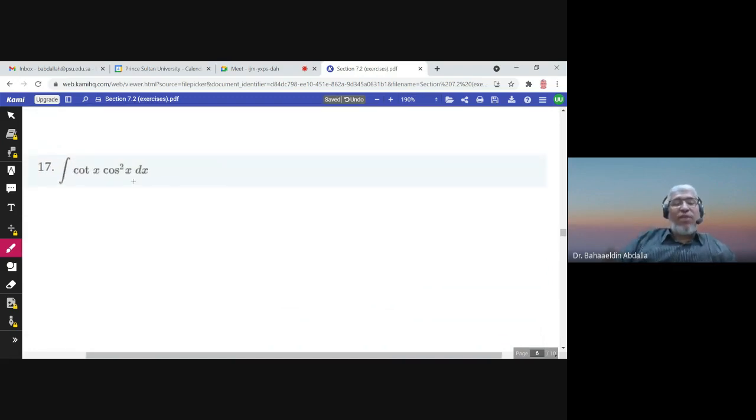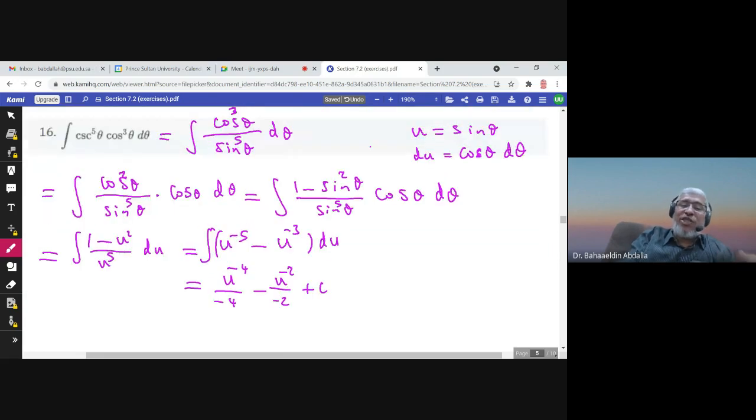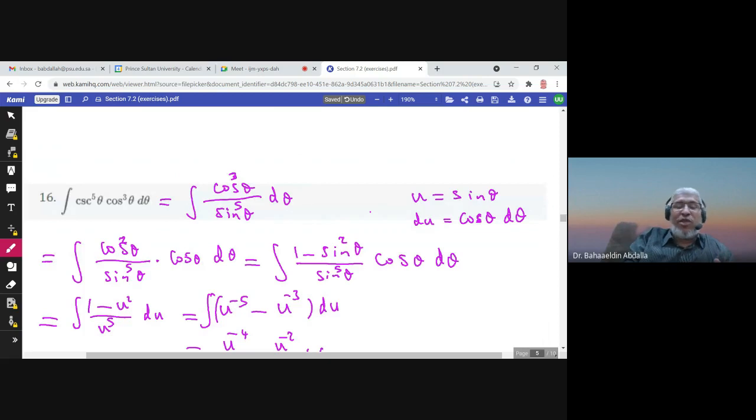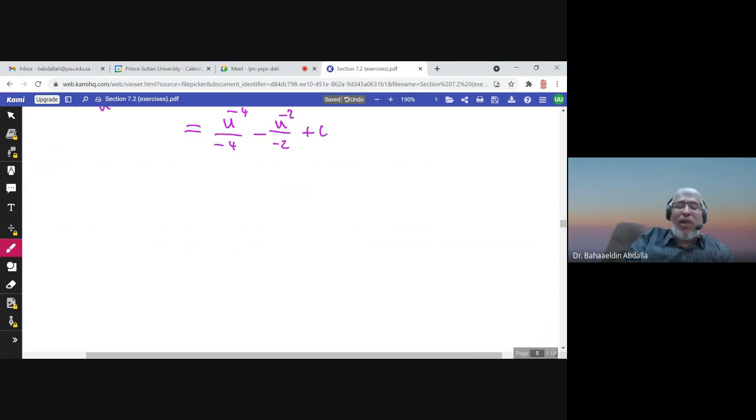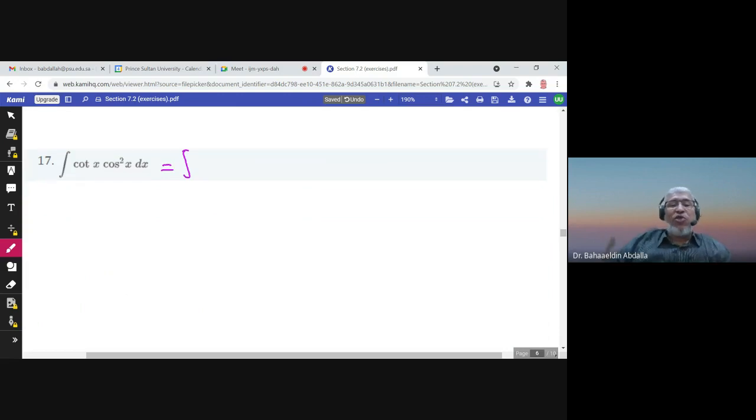Well, we have cosine square and cotan. So what is cotan? So maybe if you have something else with sine and cosine, you need to change it to sine and cosine first. So we change cosecant to sine. And what is cotan? I need to change it to cosine and sine. So cotan is cosine over sine. We should know this. Times cosine square.